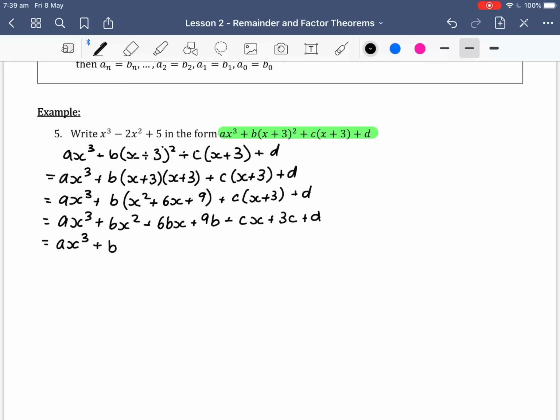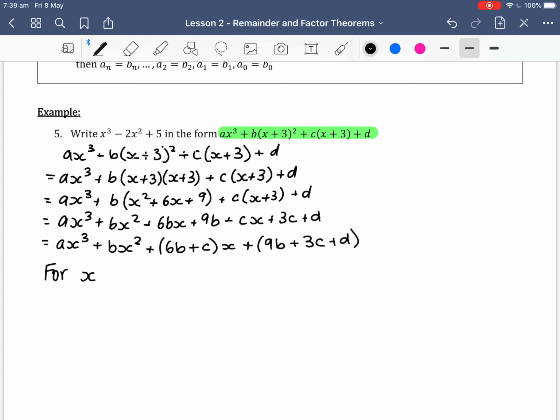So we have ax cubed plus bx squared, and then we're going to collect our x's. So we have our 6b plus our cx, and then we're going to collect our coefficients. So 9b plus 3c plus d.